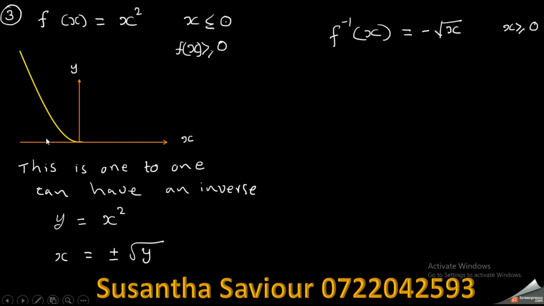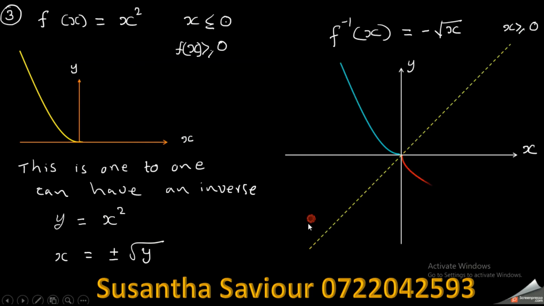This domain is the range for the inverse, therefore we take the negative here, right? This is the graph.